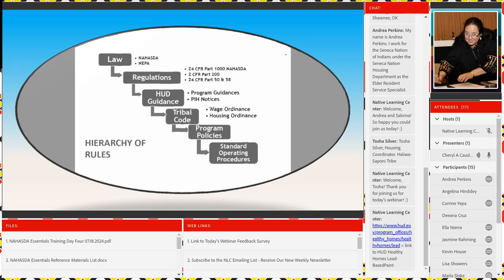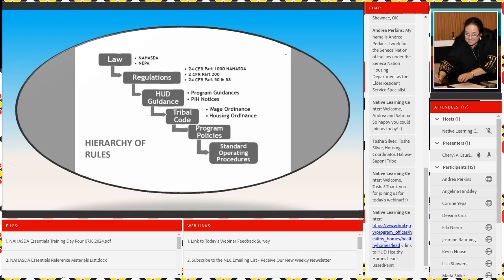1062B2. So, all goes back to your hierarchy of rules. NAHASDA and NEPA are environmentals trump all. Next, we got to follow the regulations at 1000. We have to follow the regulations at 2 CFR Part 200.